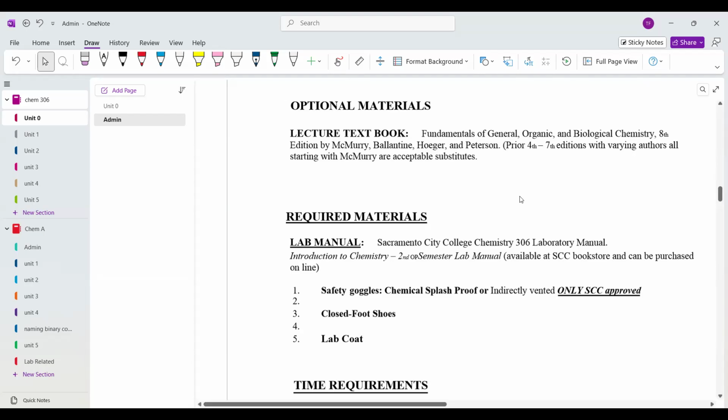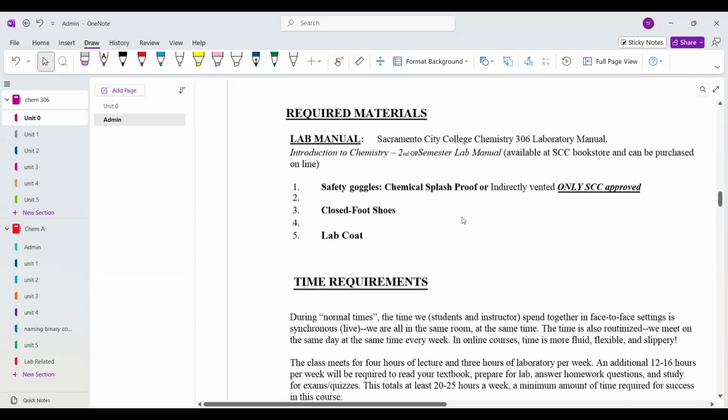As far as required materials, safety goggles. The safety goggles you use in 305 should be fine. If you don't have a pair, you didn't take 305 on this campus, they need to be indirectly vented or chemical splash proof. I recommend buying them on Amazon, and this is the brand: Uvex, and the model is Stealth.